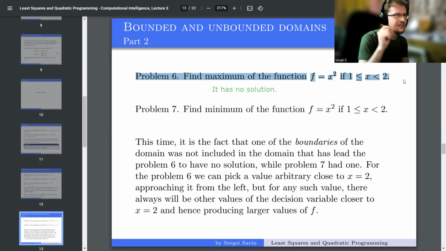Somehow, this problem statement says that there is an infinitely small difference between acceptable and non-acceptable values. That doesn't happen in engineering. You will never be able to formulate a problem where there is an infinitely precise difference between acceptable and not acceptable values. There is always a margin. There is always a margin.